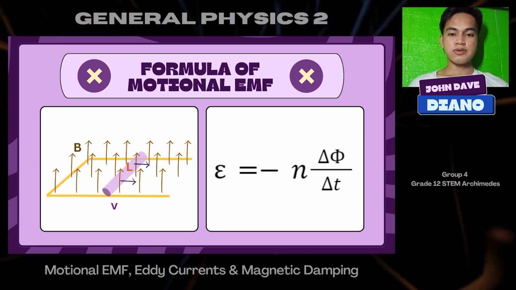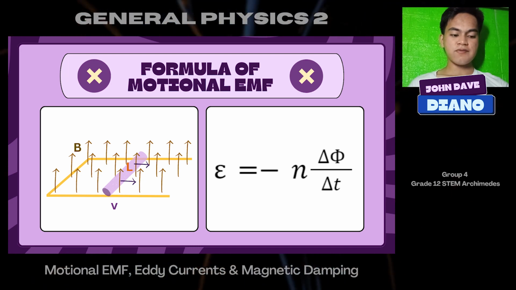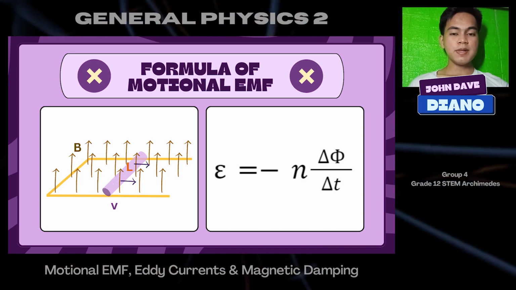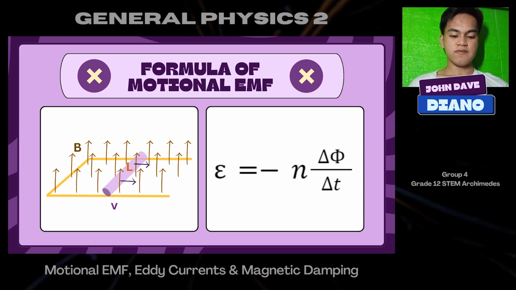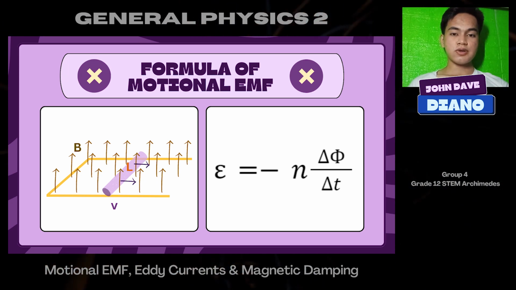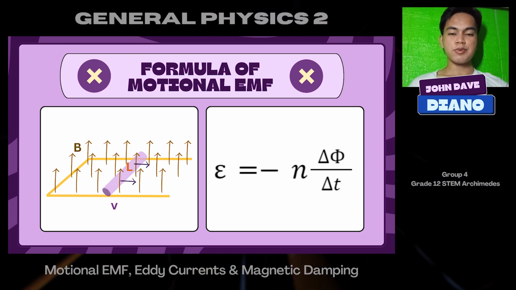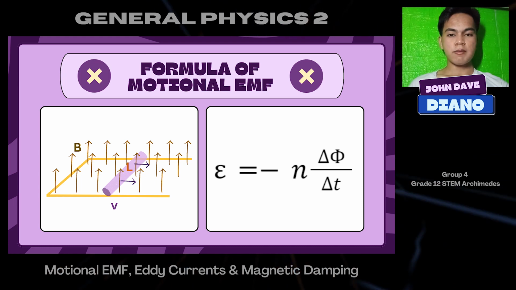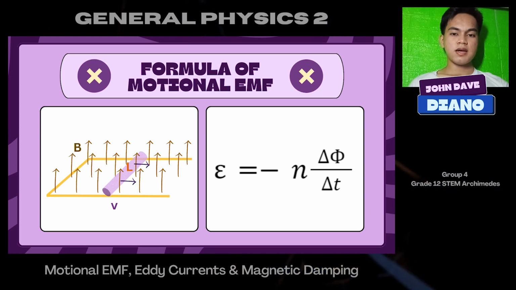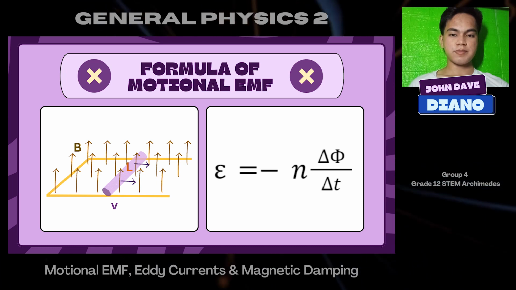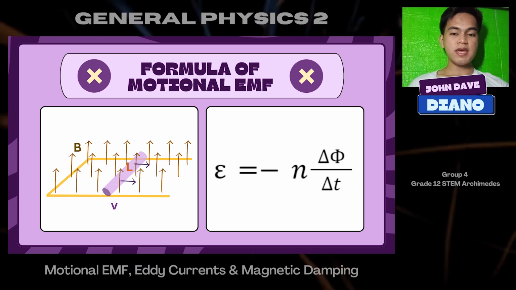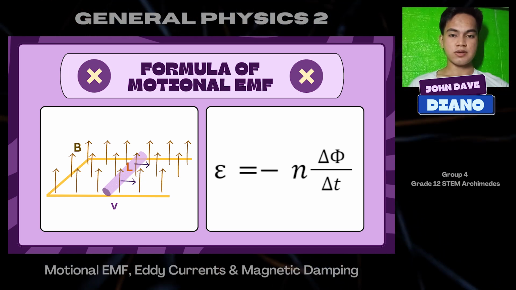And since this cylinder is moving, we will have the magnitude of its velocity labeled as the lowercase letter v, and the length of the cylinder as uppercase letter L. And since we are talking about a cylinder moving to the right across this surface, we will have a change in the area of the surface of this loop.